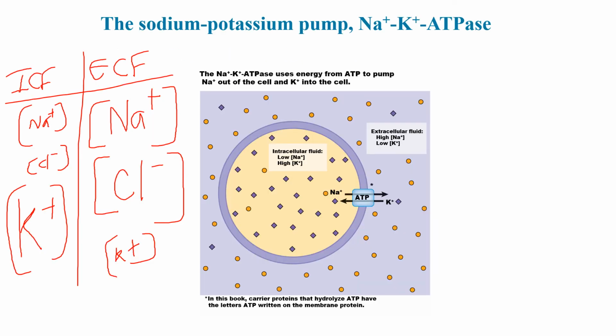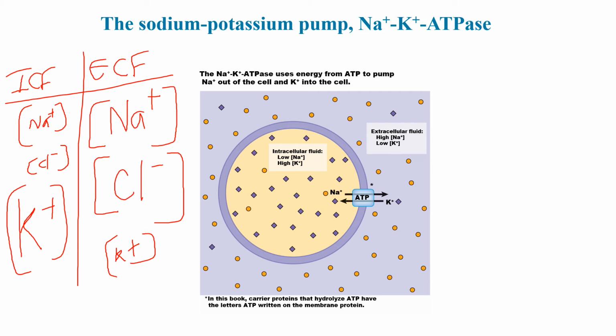If we take a look at our intracellular fluid and our extracellular fluid, we would find that we have a higher concentration of sodium ions and chloride ions outside our cell, or in our extracellular fluid, compared to inside the cell, or our intracellular fluid.